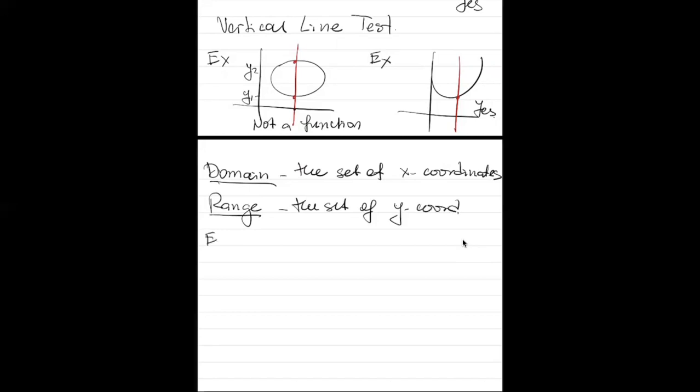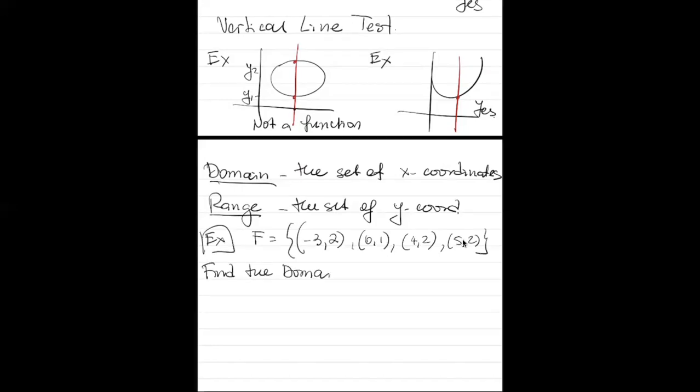So example, if I have this function, I'll call it f, with the following elements: (-3, 2), (0, 1), (4, 2), (5, 2), and we want to find the domain and the range.